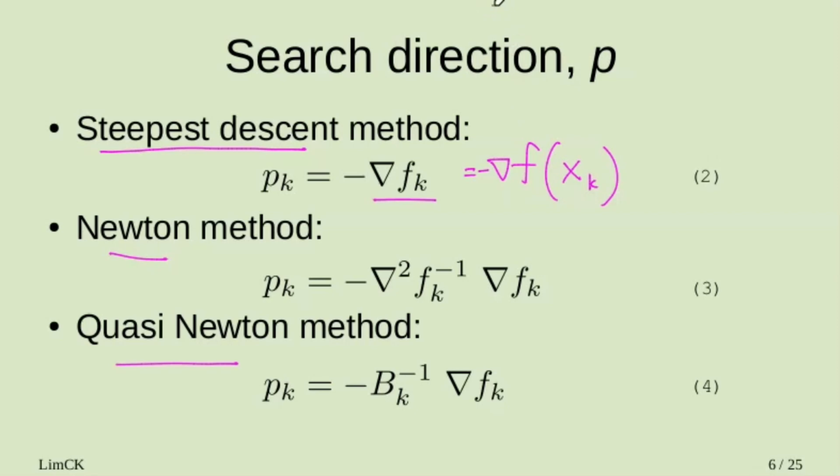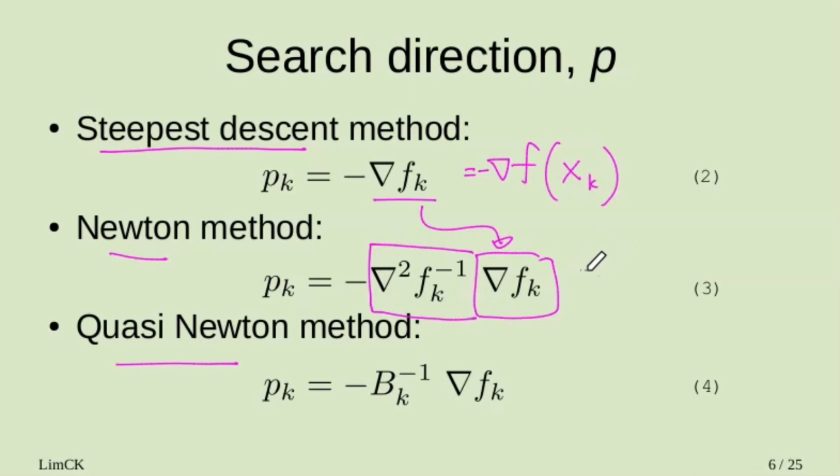Okay, so the other one is the Newton method. The Newton method not only relies on the gradient, but it also multiplies with the Hessian at that point.